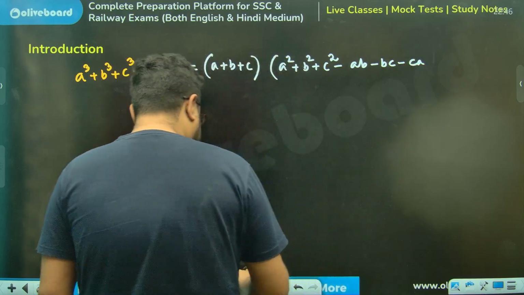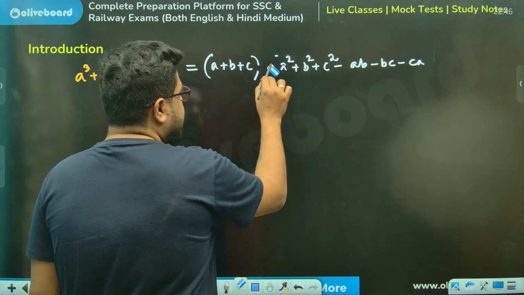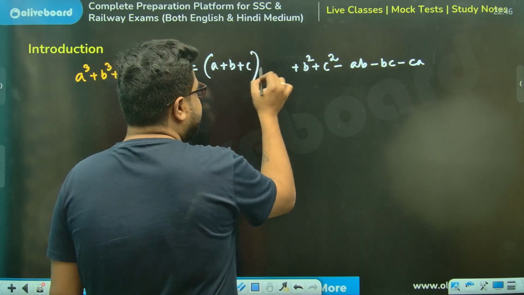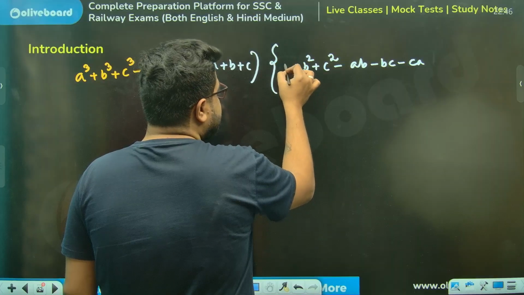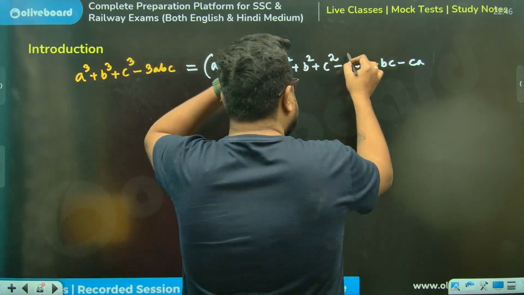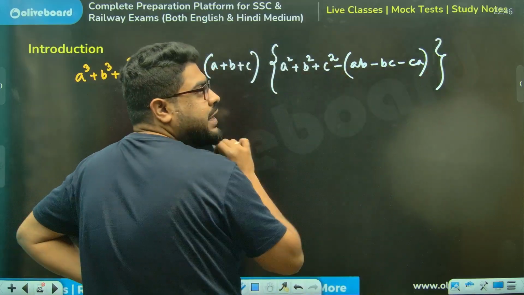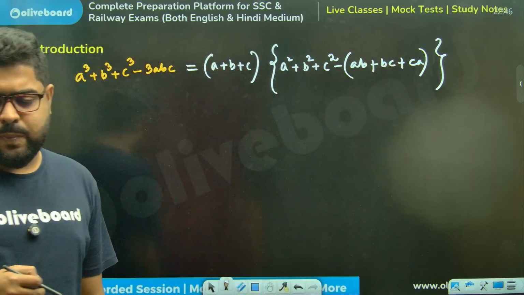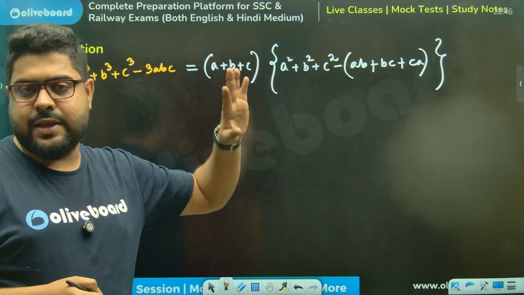Now again, I will also ask you guys to do one simple thing. This is a plus b plus c. This is a square, and this thing, sir, you take this part common. And as I've taken this minus common, every sign inside the bracket will change to plus. Remember the formula like this. This is a better way.